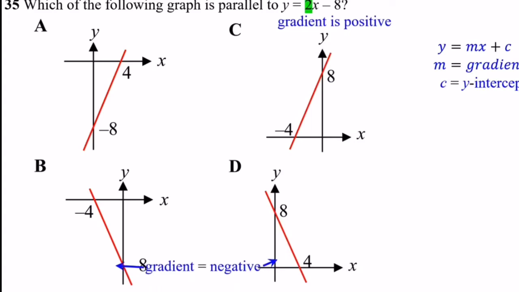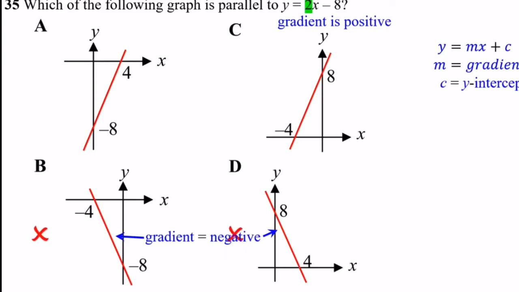B and D are wrong because the line is slanting downward to the left, and a line slanting to the left has a negative gradient. So we have to reject B and D because of the negative gradient. And then because A and C have the same positive gradient, now you need to focus on the negative 8.